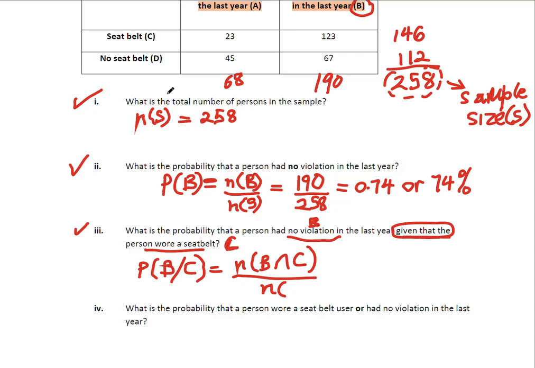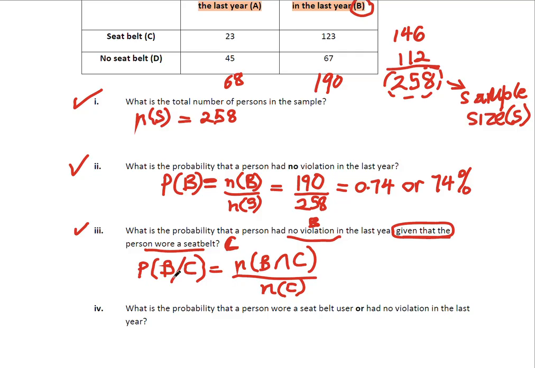So the number of persons in C, which is the number of persons wearing a seatbelt, is the total for the column seatbelt, which is 146. So this is what the conditional probability formula for this problem would look like.